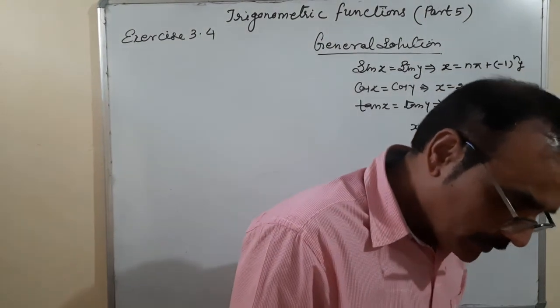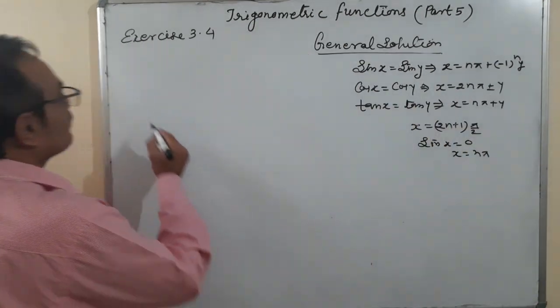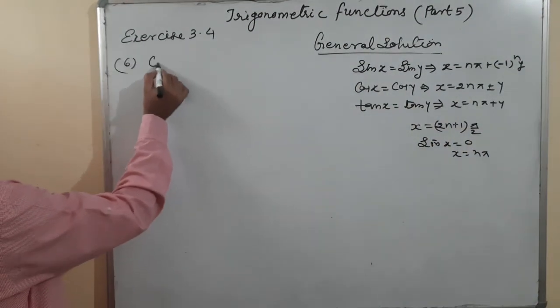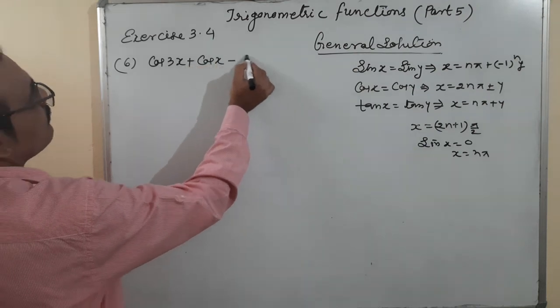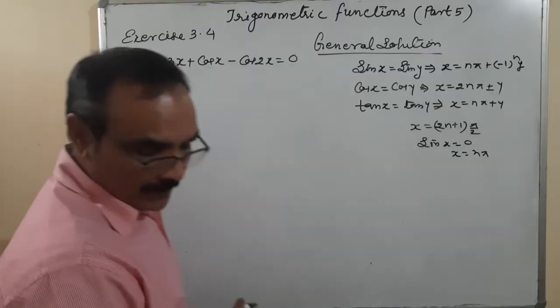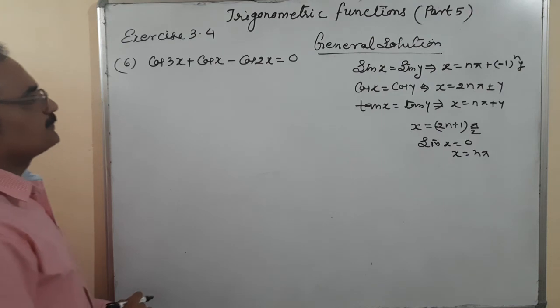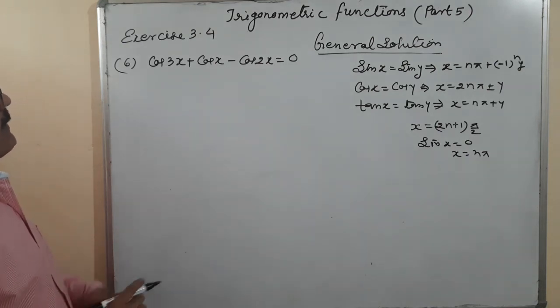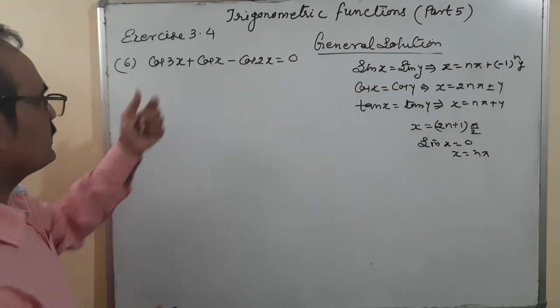Next question, I am taking cos 3x plus cos x minus cos 2x is equal to 0. Okay. These two terms, we are using the cos c plus cos d formula in these two terms.